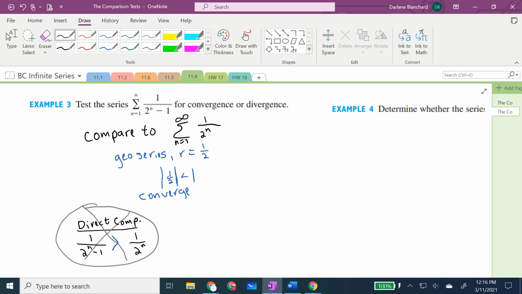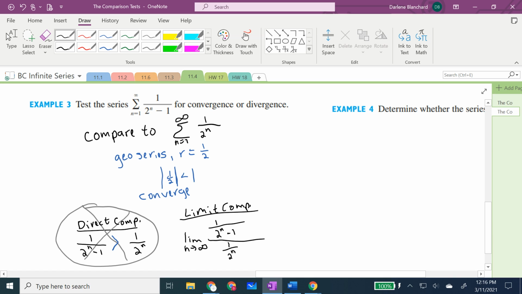So now limit comparison. With limit comparison, I have limit as n approaches infinity, and then I write down the formula I was given divided by the formula I chose to compare it to. And what is the answer to that limit?